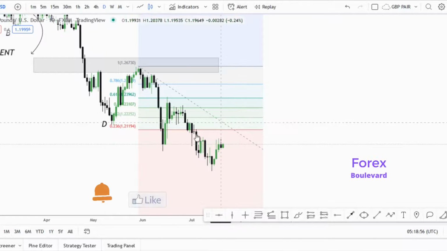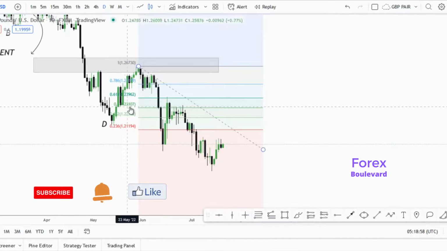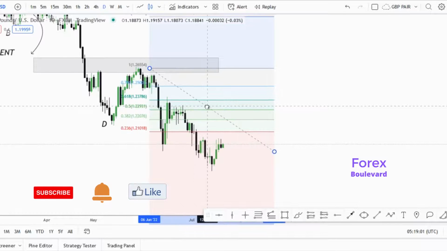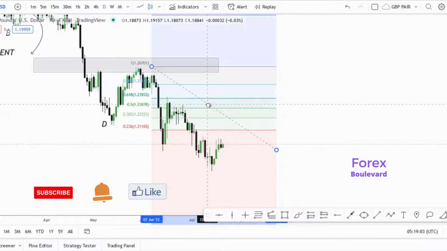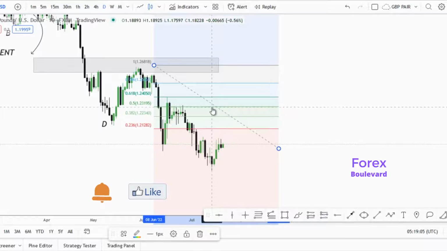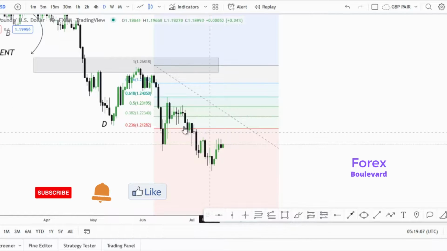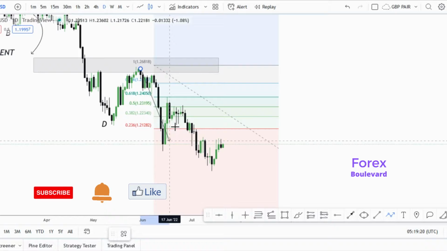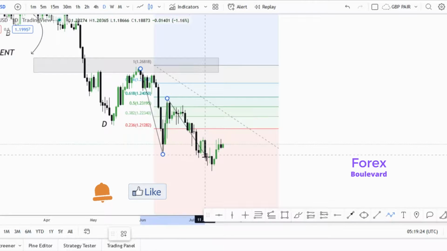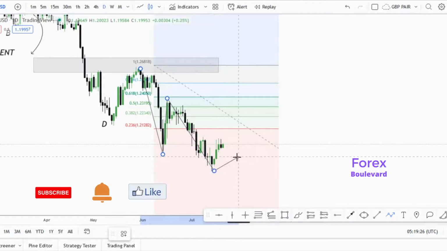I took this trade here. Let me pull this out a little bit. So this is the area where price, this is the impulse I want you to look at very well. From this high here to this high, to this low here, to this low here, and then back here, and then price came down here.